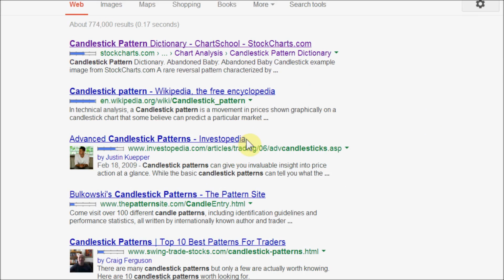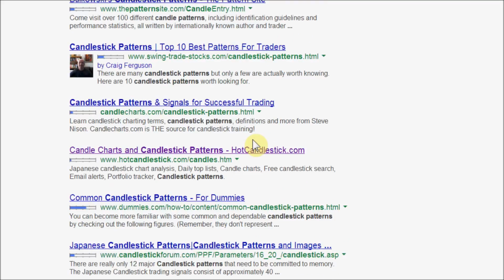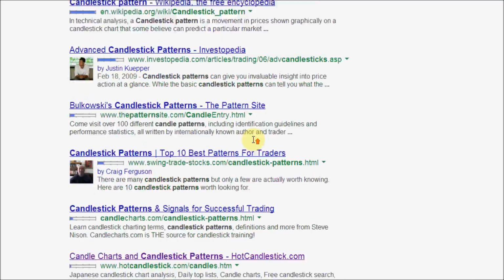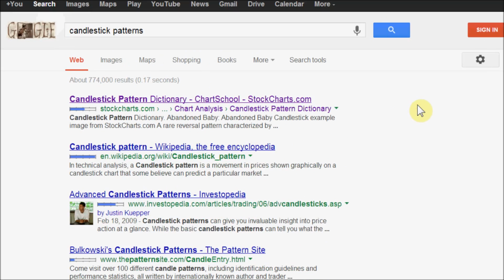Investopedia.com is one of the best stock market information websites. And like I said, there are hundreds of thousands of other sites to learn more about this subject. The information is out there. If you are interested in this subject, it's not hard to find good information on it.